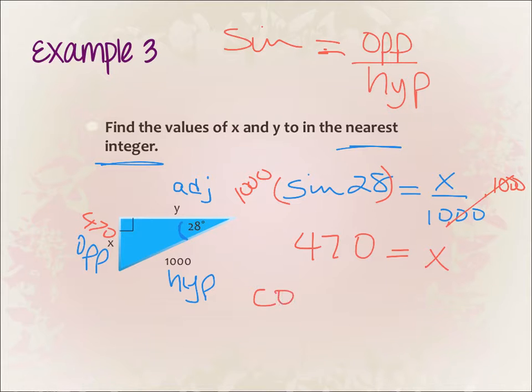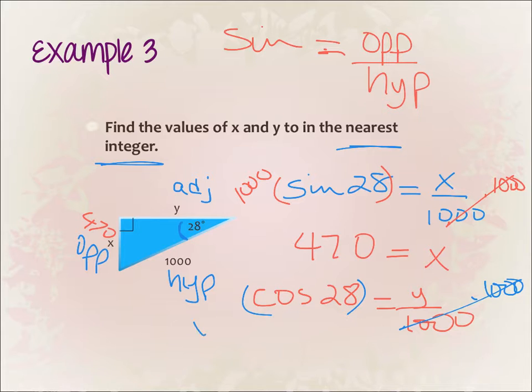So let's do cosine of 28 is equal to y over 1,000. Because y is the adjacent and 1,000 is the hypotenuse. So for this one, when we go to solve it, we're going to multiply again both sides by 1,000 to get it to cancel.